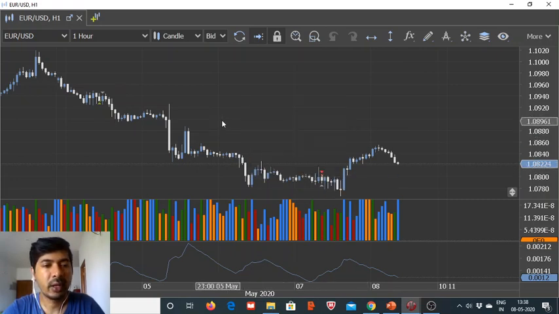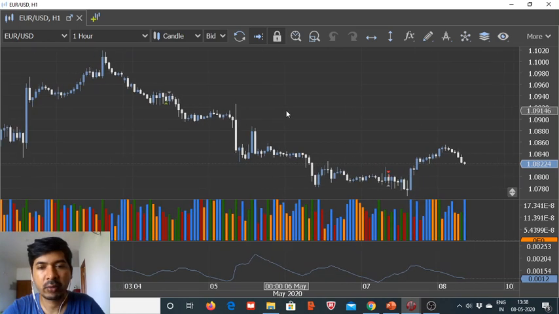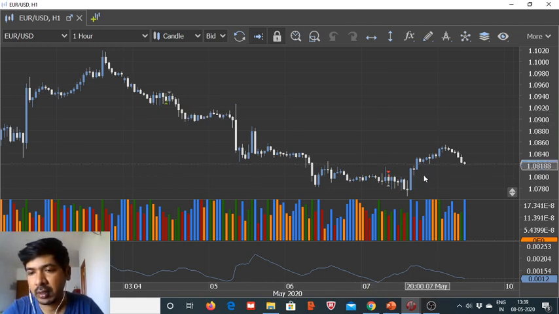So for the sell, we look for the conditions when the Market Facilitation Index was down and the volume was also down, and then in the next hour the MFI went up and the volume also went up with downward pressure in the price action, and during such times we will be going for a fresh sell trade, a fresh short selling opportunity.